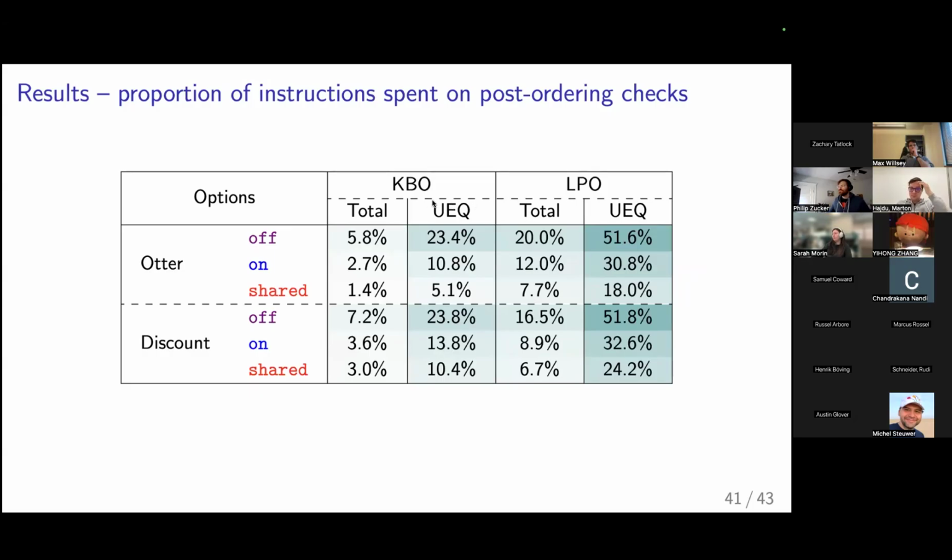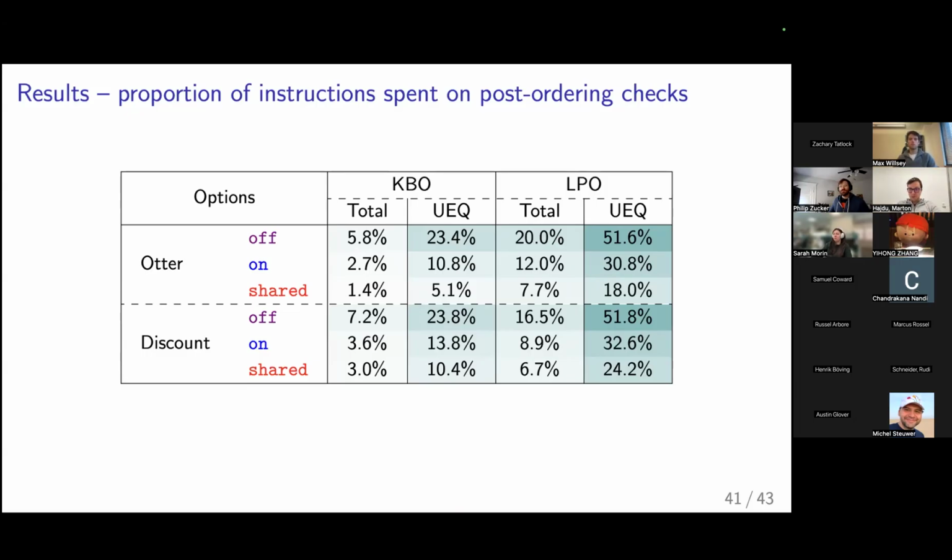And we had some look especially at the unit equational fragments, where, as you can see, post-ordering checks are especially relevant. And we found that we got a speed up of, or at least a decrease of the proportion of instructions of at least 2 times, but in some cases up to almost 5 times.